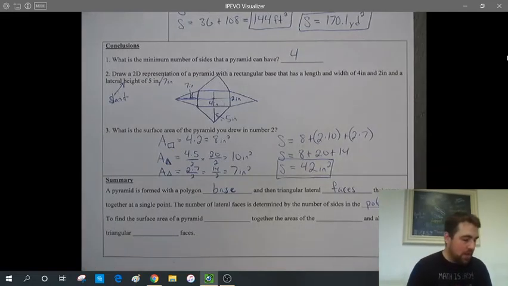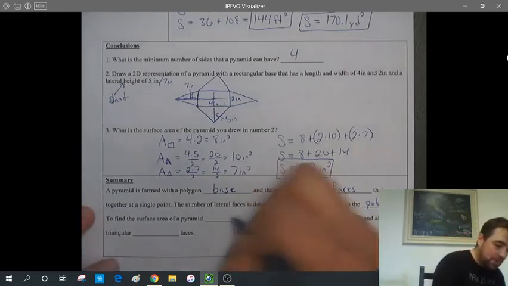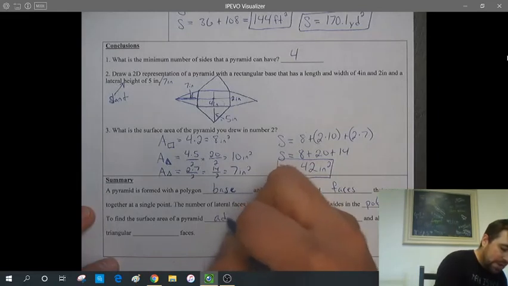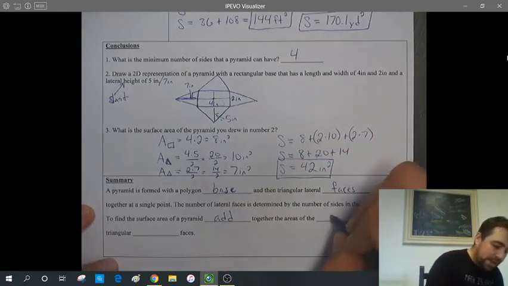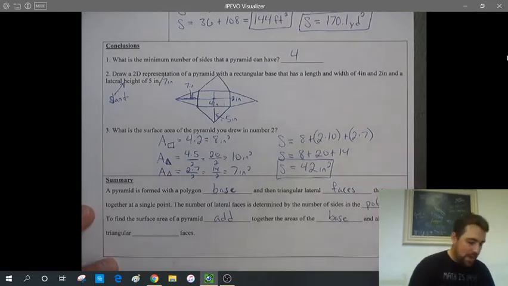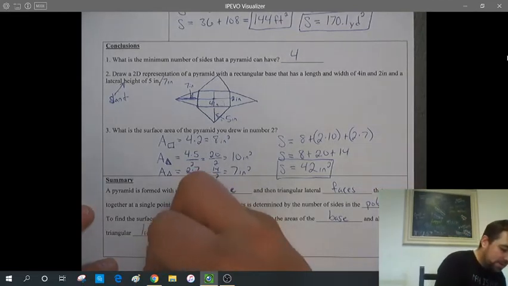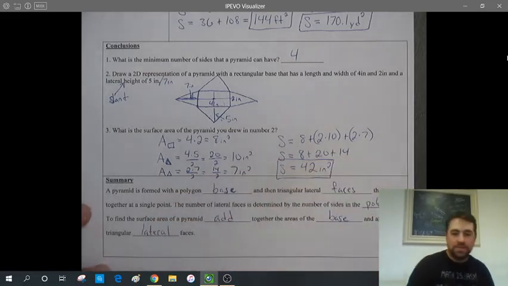Either word. To find the surface area of a pyramid, again, we're going to add together the areas of the base and all of the triangular lateral faces.